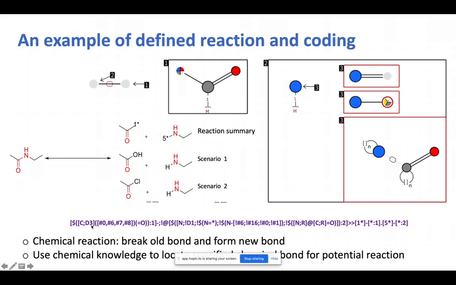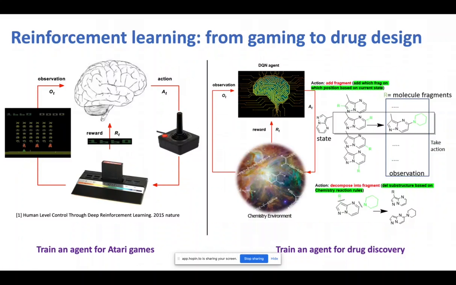So by encoding such knowledge into the SMIRCs encoding, we could use a machine learning method to systematically explore all these possibilities. And the way we do it is through reinforcement learning. That is the same method for the Atari games. In the Atari game, you have this machine learning network to assess the so-called value function.